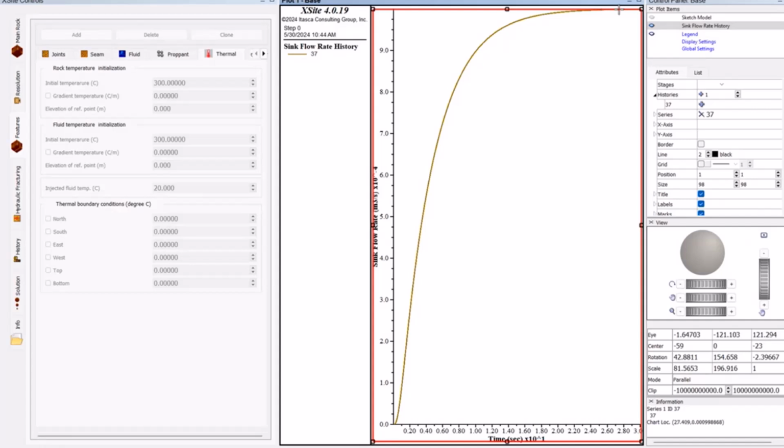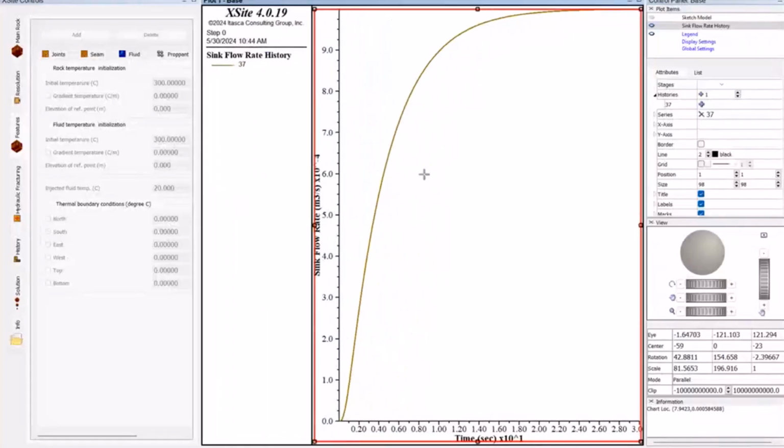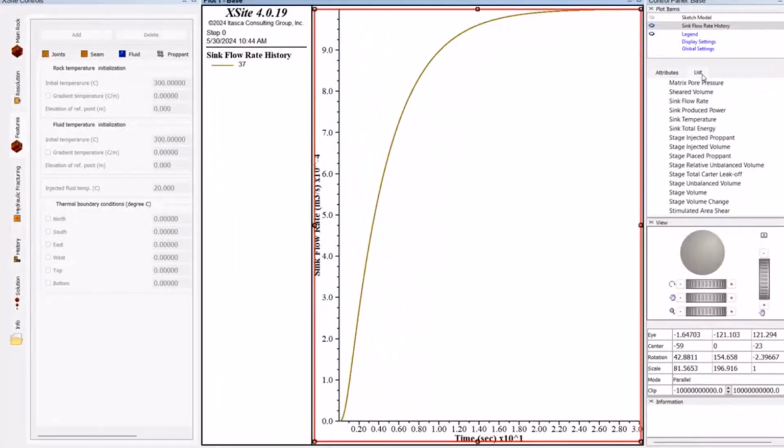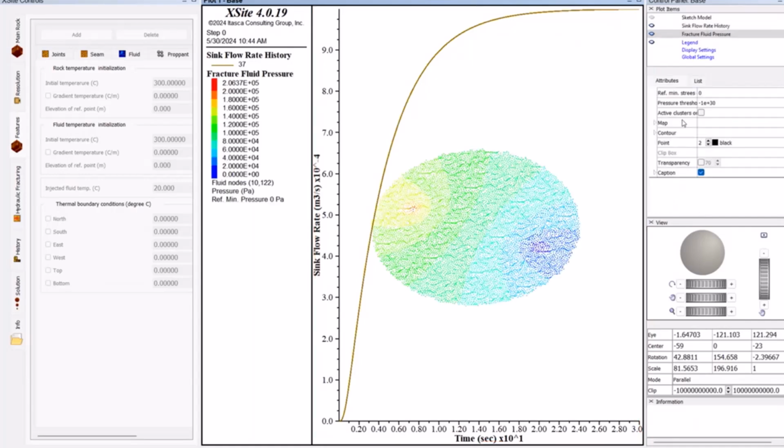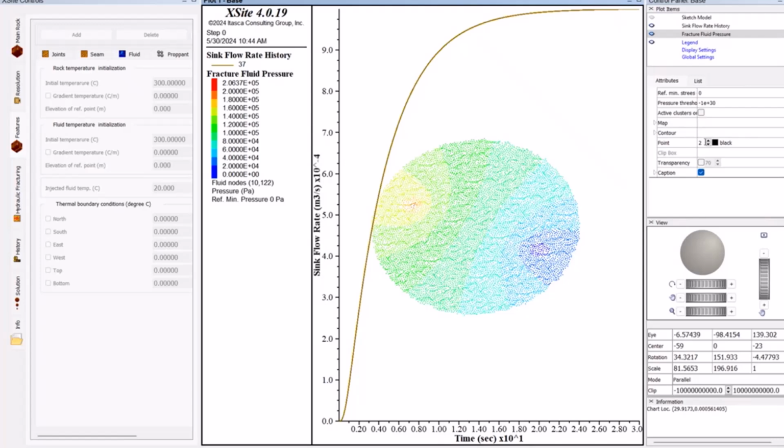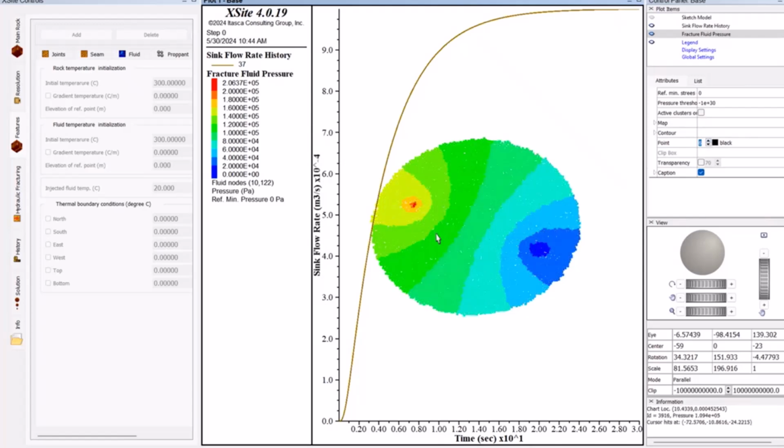So once the production or flow rate into the sink reaches 1e minus 3, we can be pretty certain that the model is in a steady state. And we can also see the contours of the pore pressure in the steady state. Basically here we are injecting, so this is the injection pressure, here we are producing. So this is the sink fluid pressure.